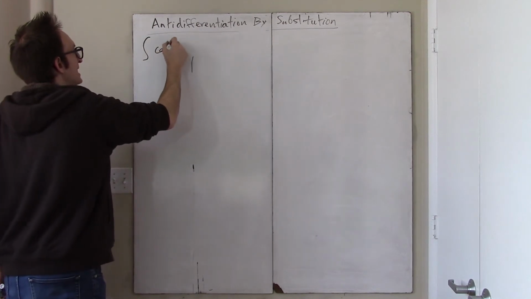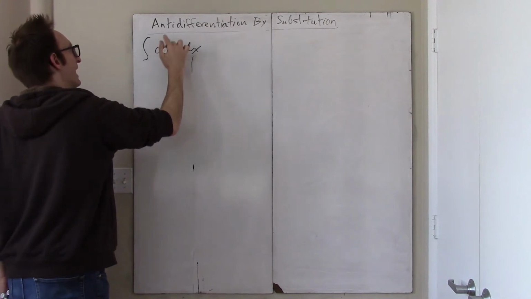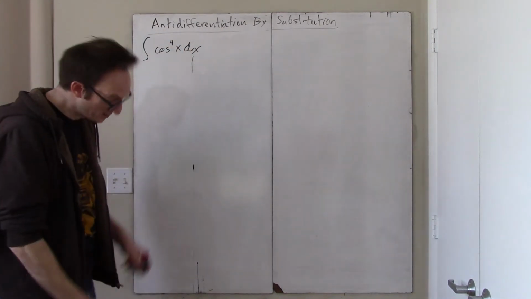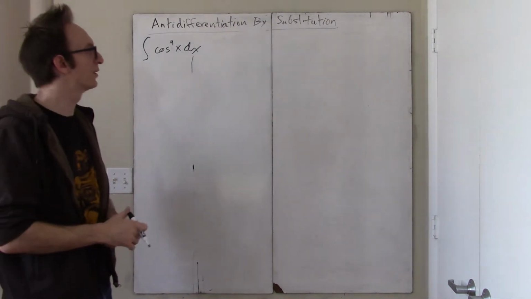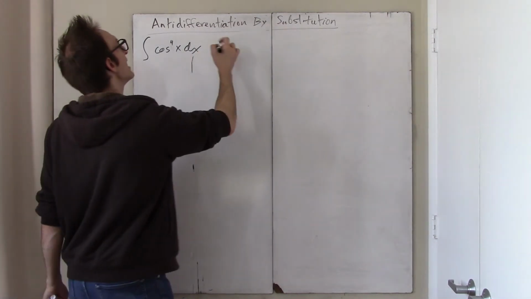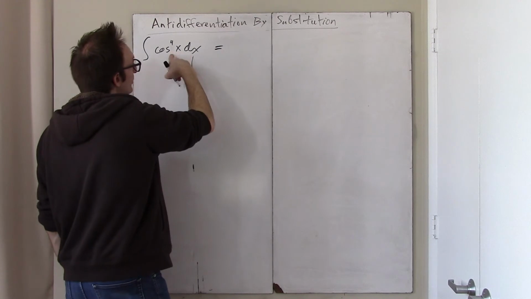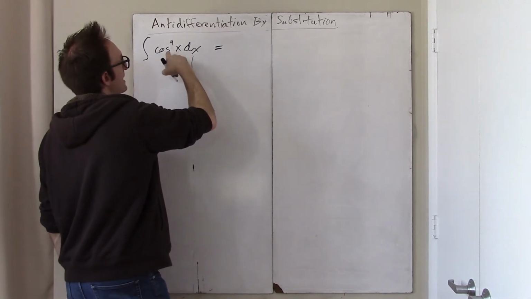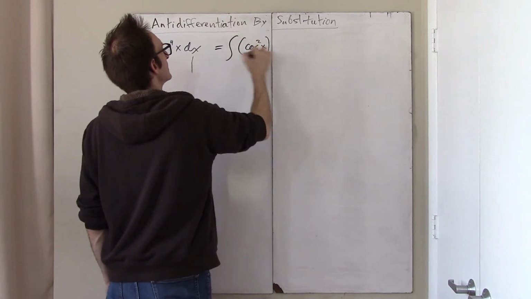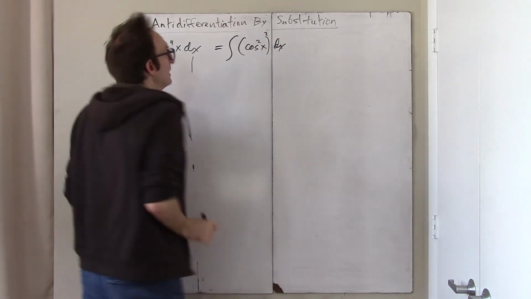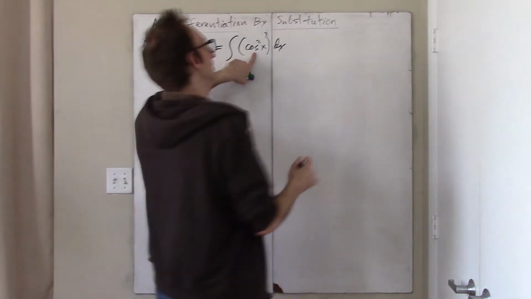What is cosine to the 4th x? Well, there is only one way to do this by hand, and that is using the power reducing formulas. I'll assume you're taking notes at home and wrote all that down. The only thing to do is to think of this as cosine squared x, squared, and then apply the power reducing formula.